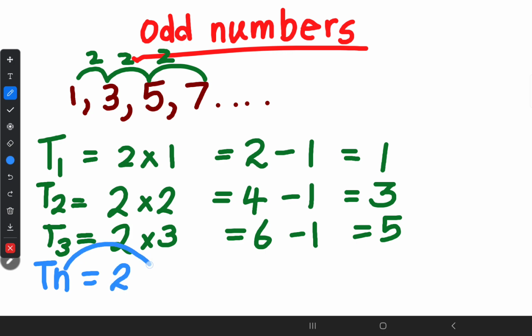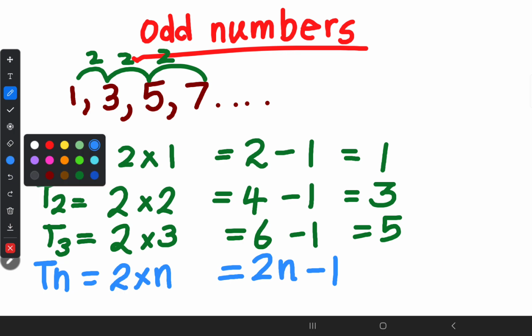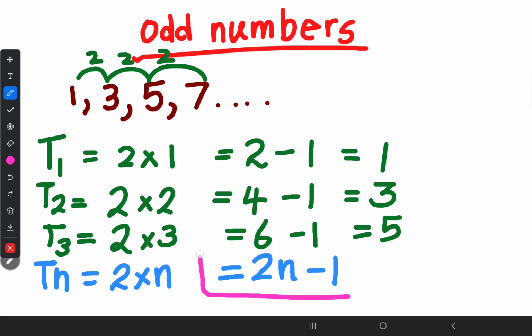If it is the nth term, Tn, that means 2 should be multiplied with n. 2 multiplied with n, 2n, then 2n minus 1. There is no any specific value further here, but this should be our final answer for the odd numbers general term.